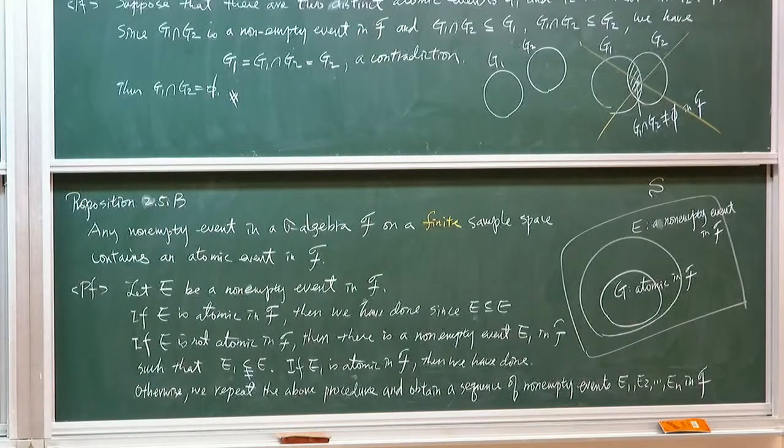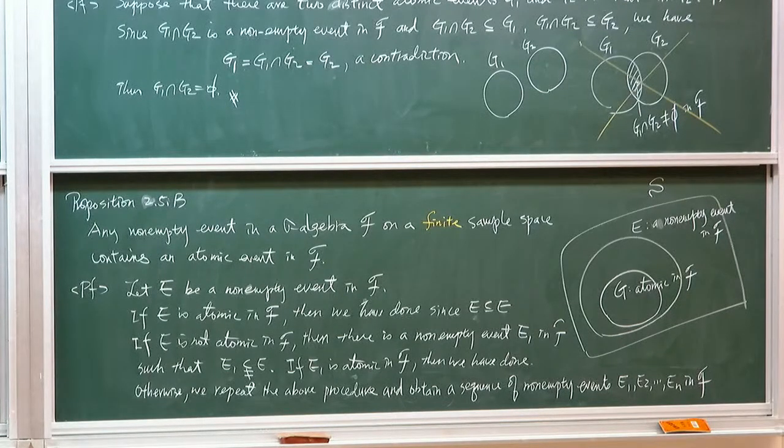And En is an atomic event in F. Because when En is not an atomic event, then it should contain a proper subset, so you would be able to enlarge the length of the chain.